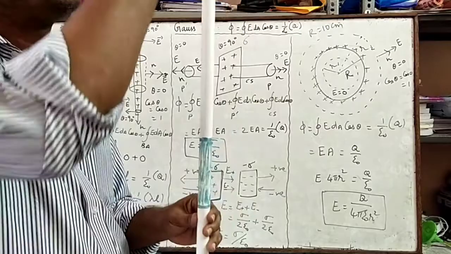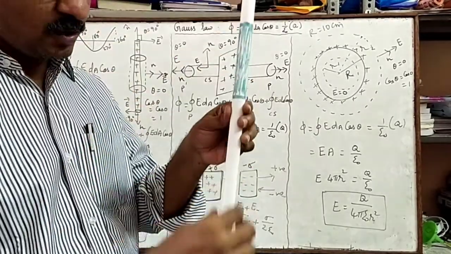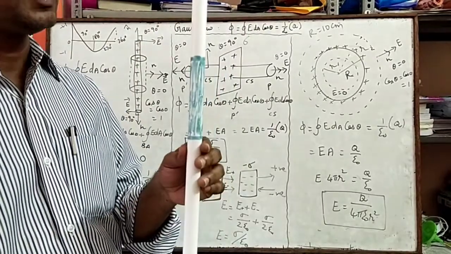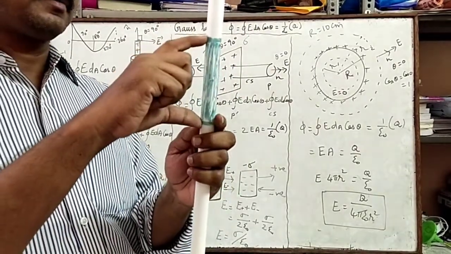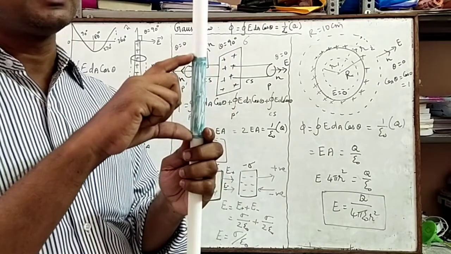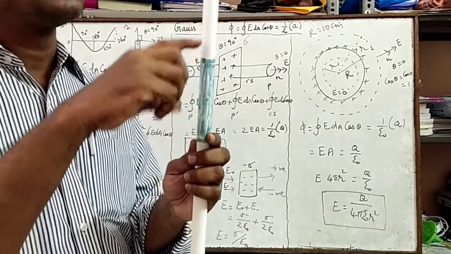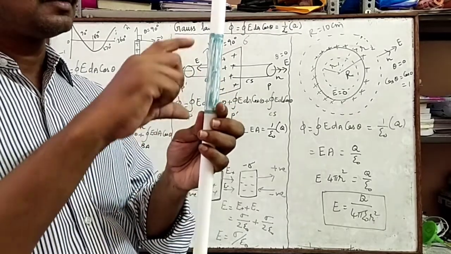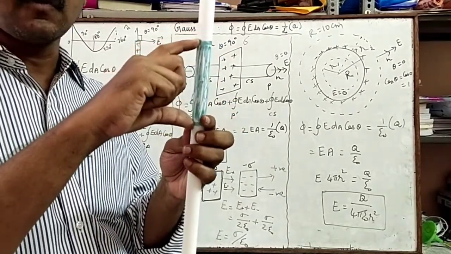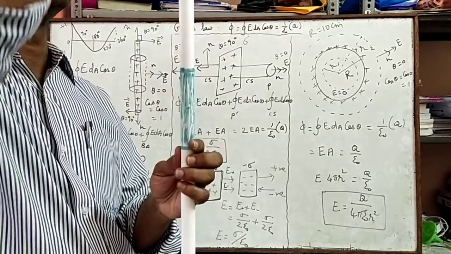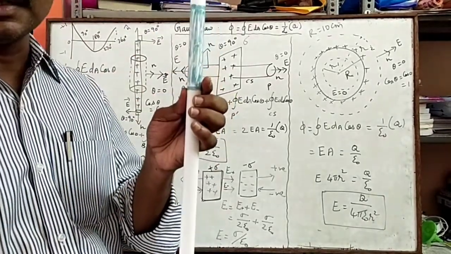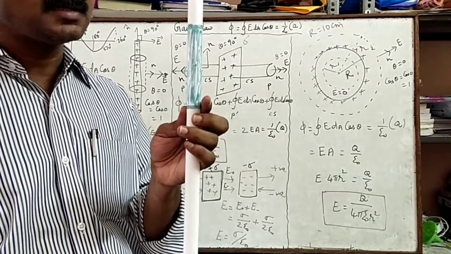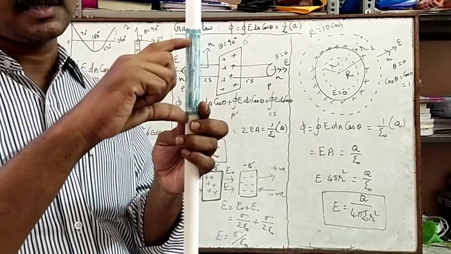You just imagine the total length of this wire is 7 meters. Cost of 1 meter wire is 10 rupees. Then total cost of the wire is 7 into 10, that is lambda into L, that is 70 rupees.